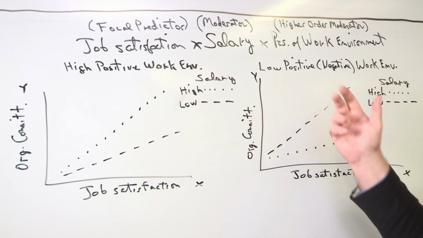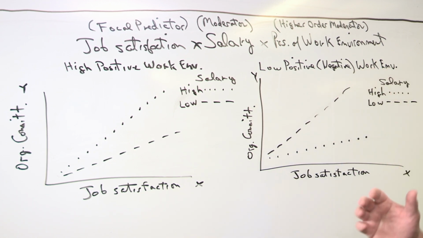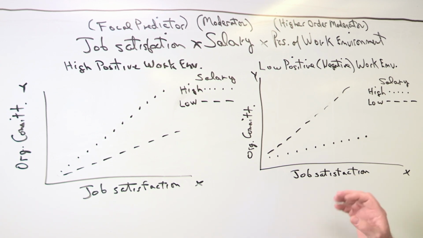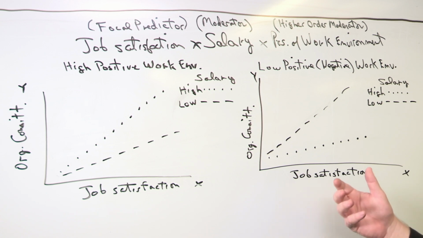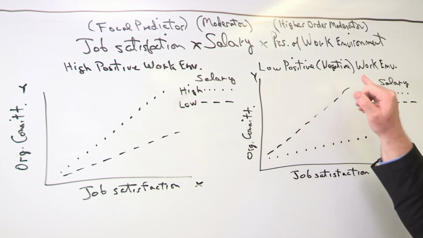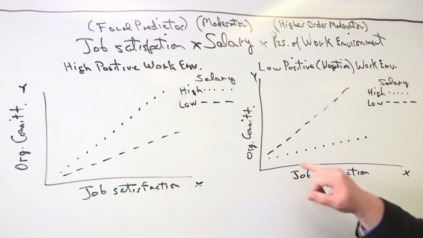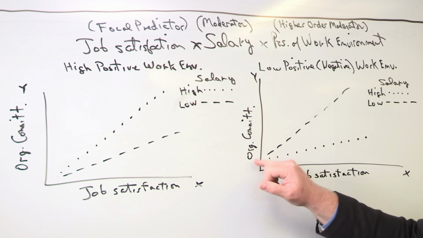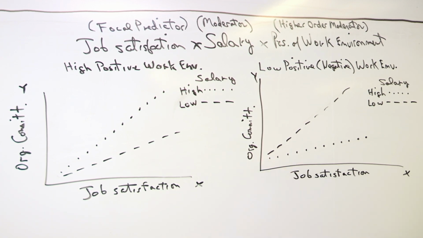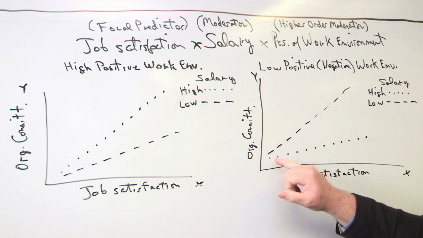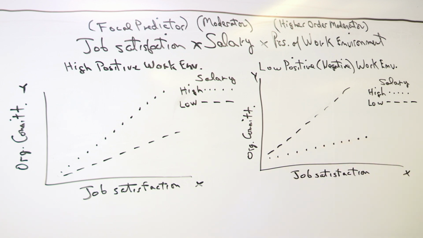But when we look at low positive or negative work environments, here we find a different looking two-way interaction of job satisfaction by salary. Here, under low positive or negative work environment, we find a strong effect of job satisfaction on organizational commitment among low salaried employees, but no effect among high salaried employees.